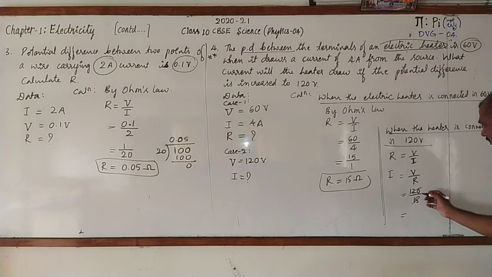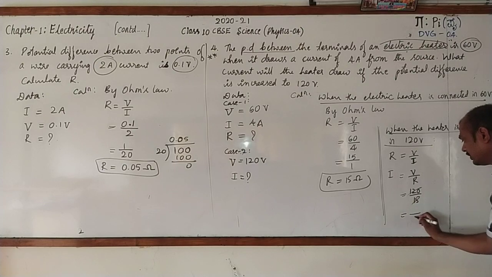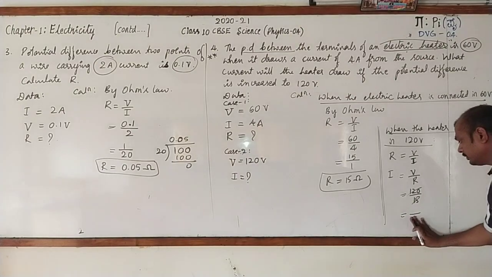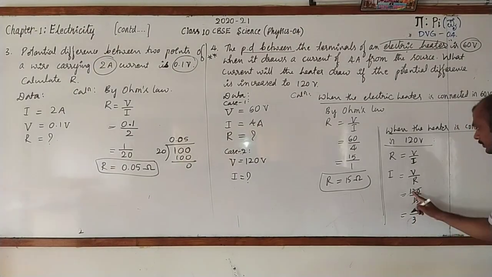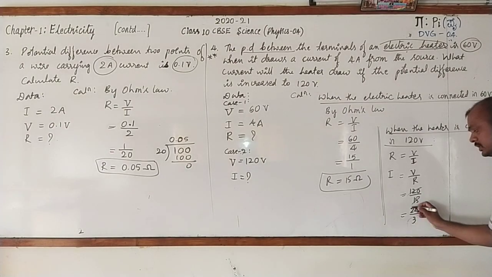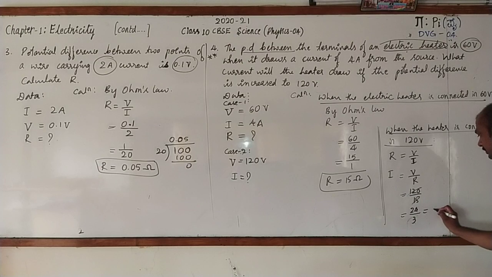It's equal to 120 by 15. Directly you can write it. How much? 8. Or else, if you want to extend this, 5 3s are 15, 5 2s are 10, 2 will remain 20, 4s are 24, by 3 is nothing but 8 amps. So I is equal to 8 amps.